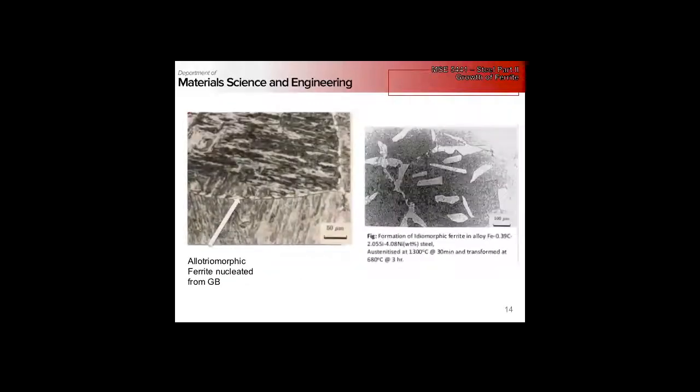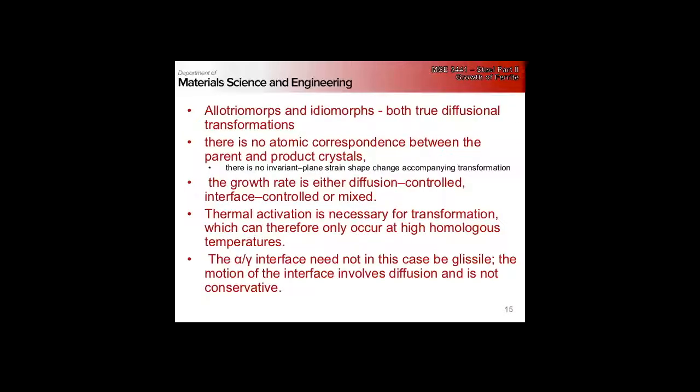And so when we look at these in micrographs, we see here at the grain boundary, these are the allotriomorphs, right? And here we see idiomorphs within the interior of the grain, right? These are both formed by true diffusional transformation, right?